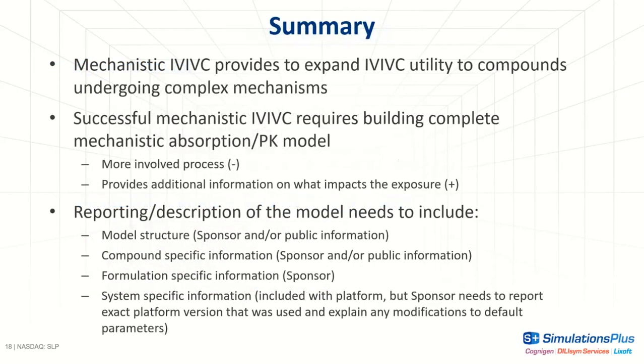So to sum this up, the mechanistic IV-IVC provides IV-IVC utility to compounds undergoing complex mechanisms. Creating a successful mechanistic IV-IVC requires building a complete mechanistic absorption model.